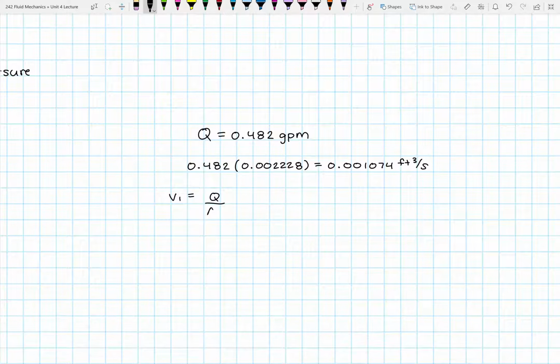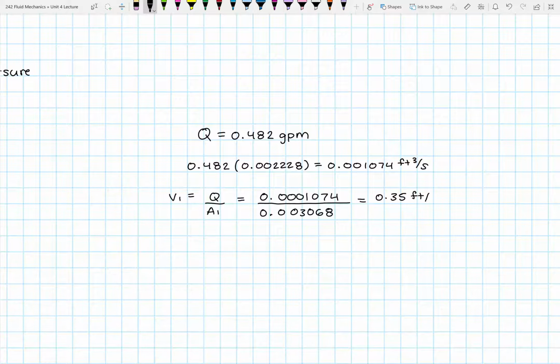So the velocity here is going to be that Q that we just calculated over the area, which we wrote down earlier, if you will recall, was this value. So our velocity is now 0.35 feet per second, so significantly slower than earlier.